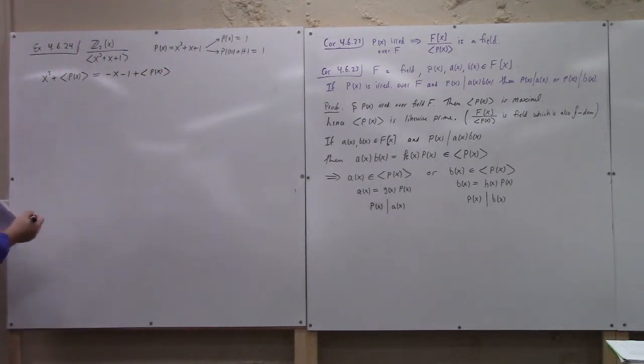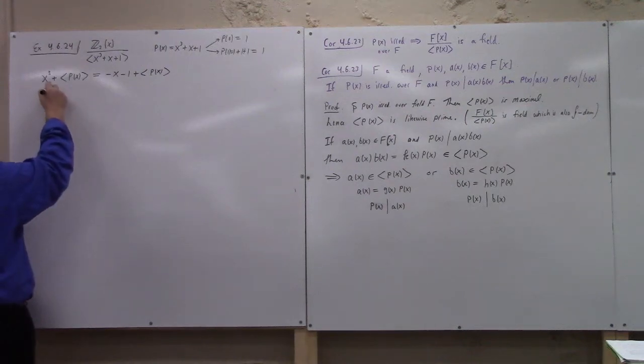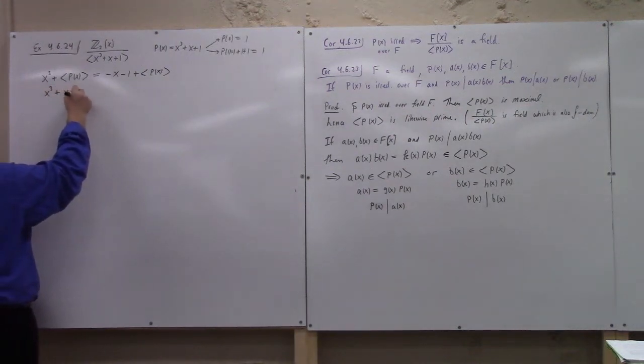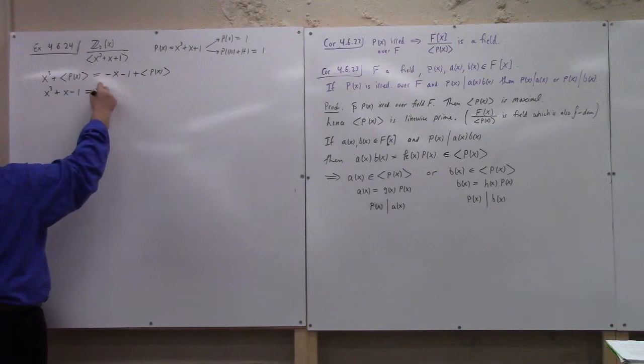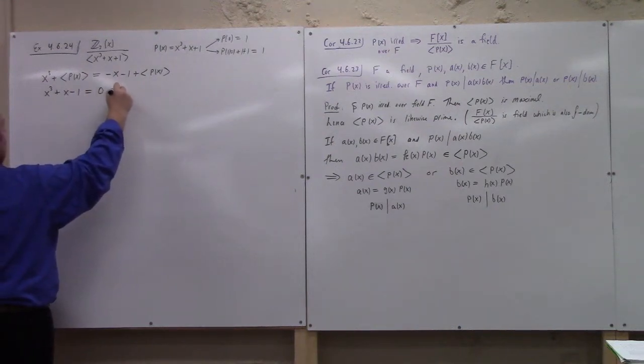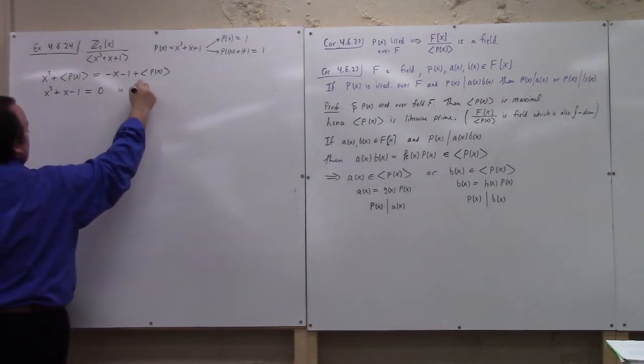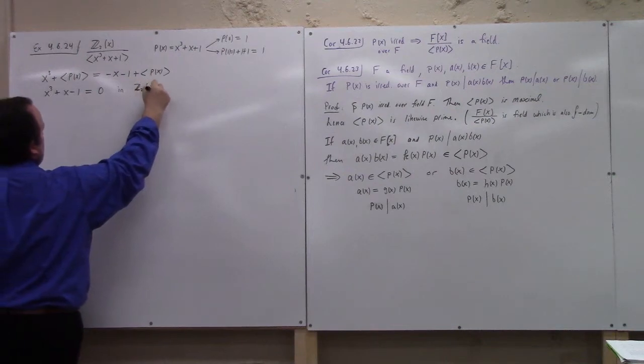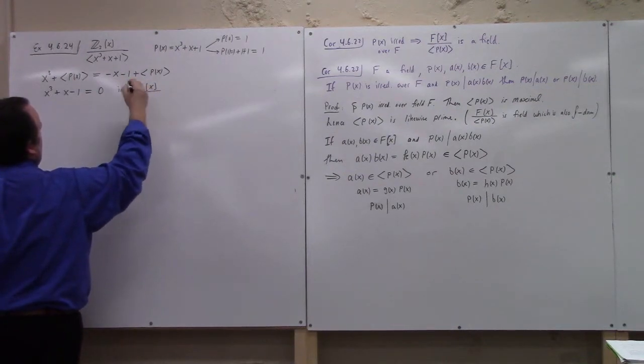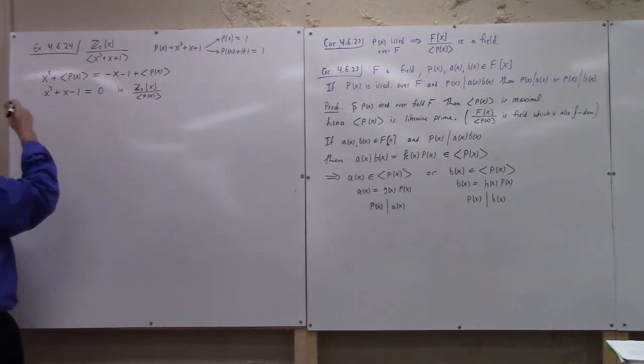Another way to say it is you can think of x cubed plus x minus 1 as being 0 in Z2[x] mod the ideal. But this notation isn't very good.